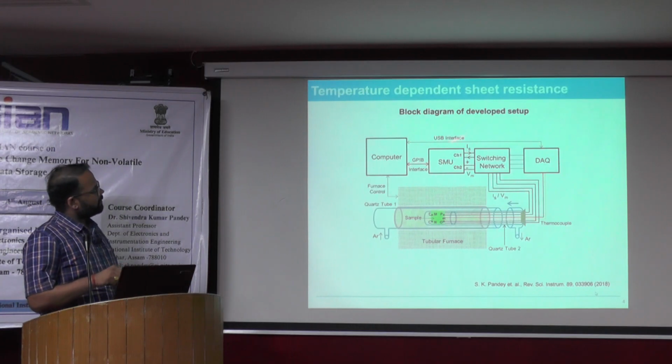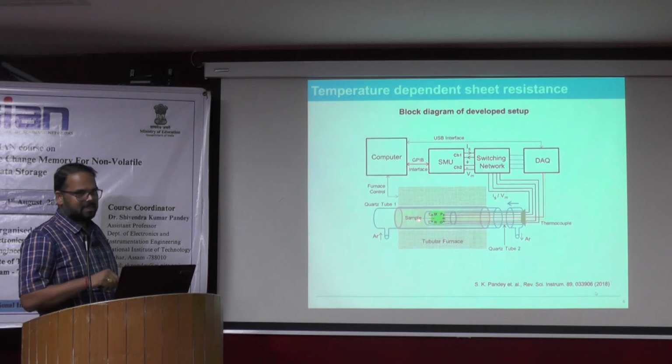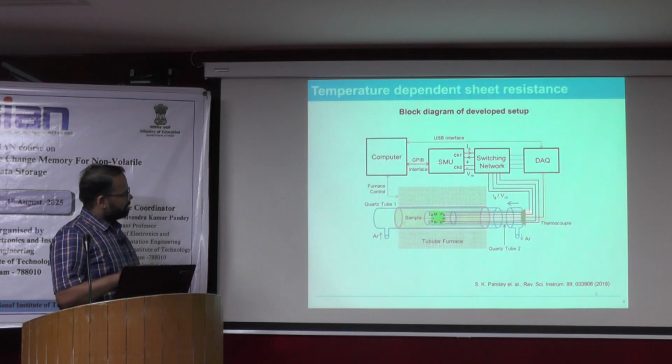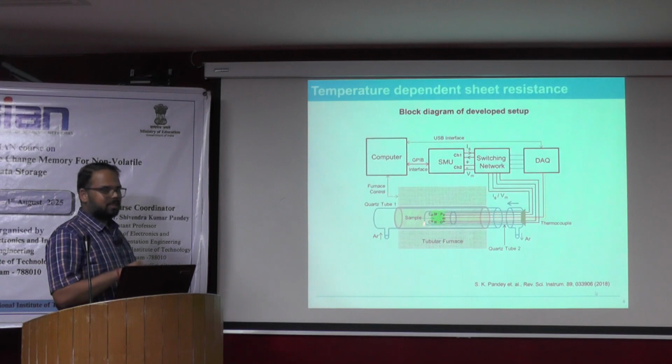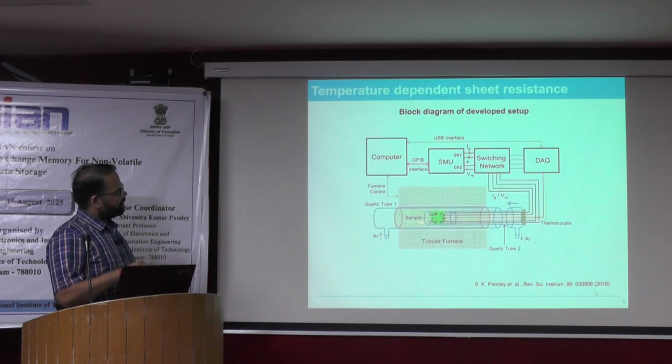As you can see here, it is a tubular furnace, and in between it is a kind of tube, where at the center of this setup your sample is placed. You can place your sample, and then the value of resistance can be directly measured on this computer.